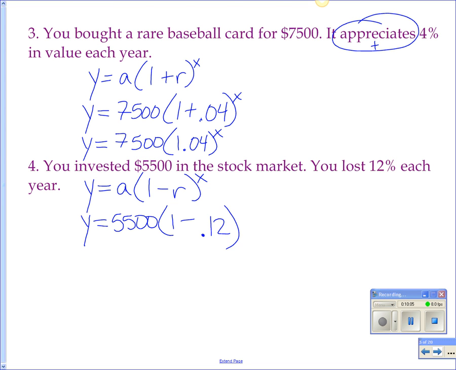0.12, good. This one doesn't have a 0, guys, because look, when I move it 2 places, is there an empty spot? Is there an empty spot right here? No, so it's just 0.12 to the x, okay?